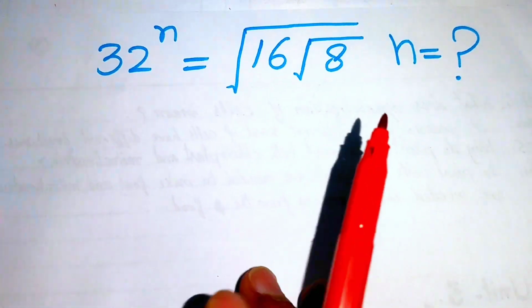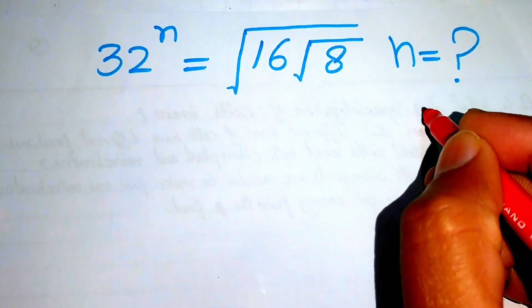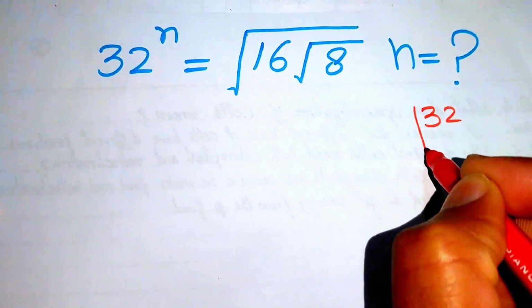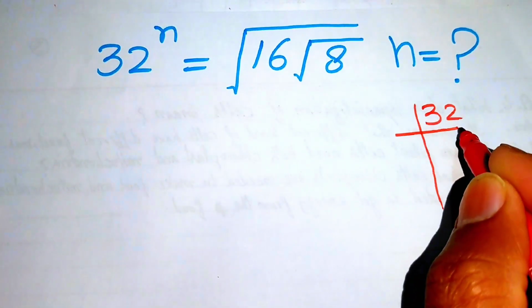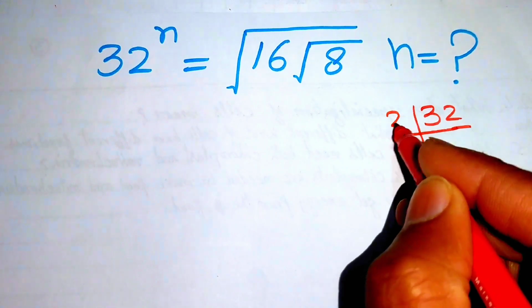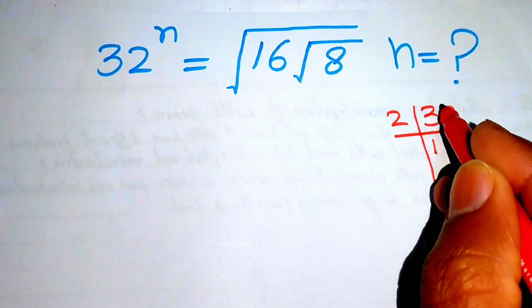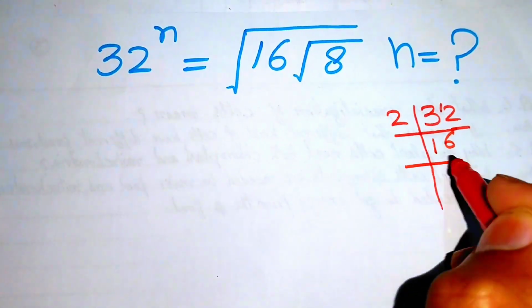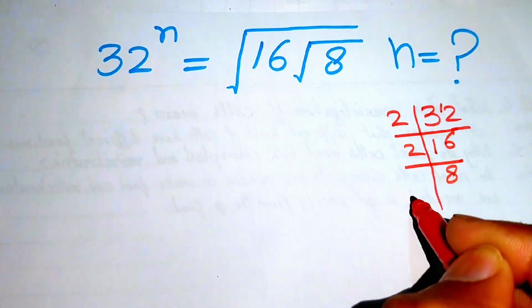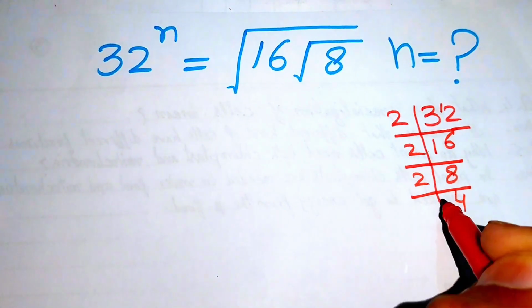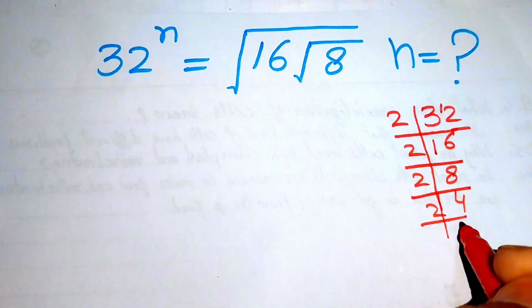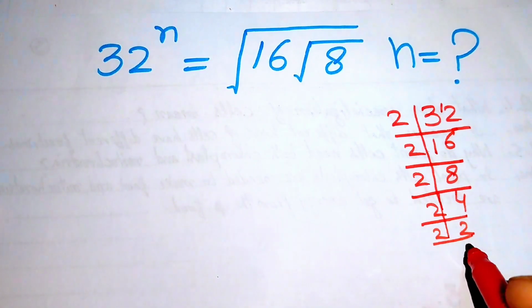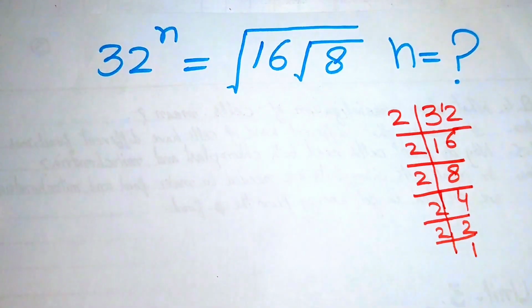You know that we easily find the prime factors of 32. We first divide it by 2, and you get 2 ones are 2, 2 sixes are 12, 2 eights are 16, 2 fours are 8, and 2 twos are 4, and after that 2 ones are 2.